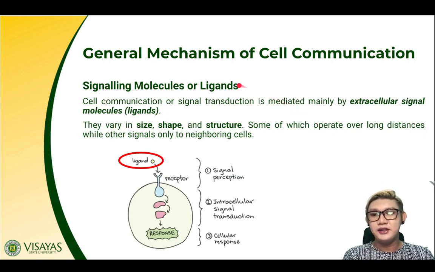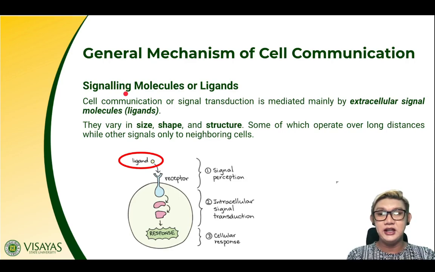Signaling molecules. Actually, the most acceptable spelling is with a single L. So cell communication or signal transduction is mediated mainly by extracellular signal molecules. These extracellular signal molecules are what we call the ligands.